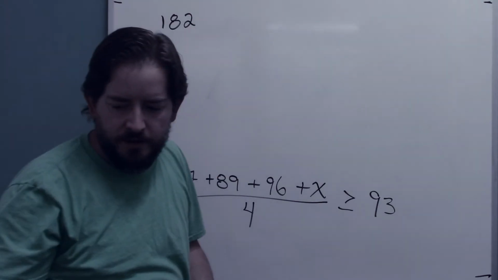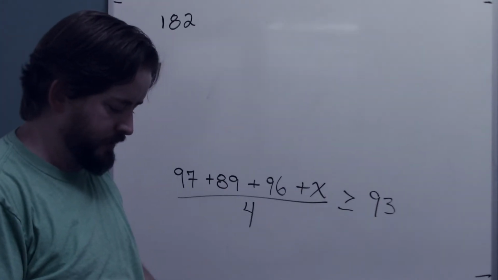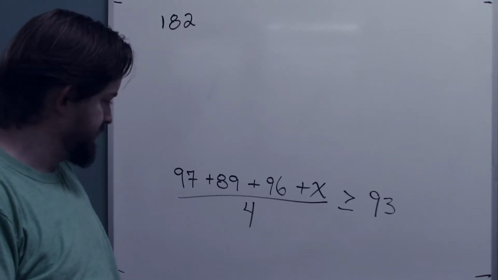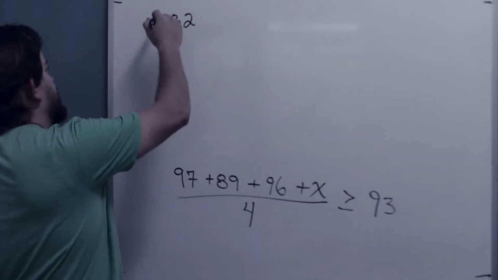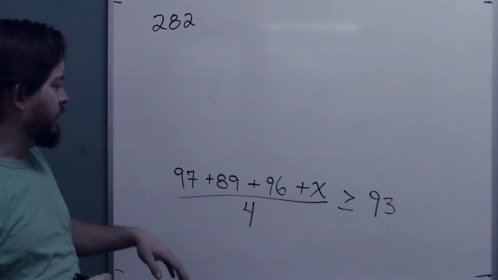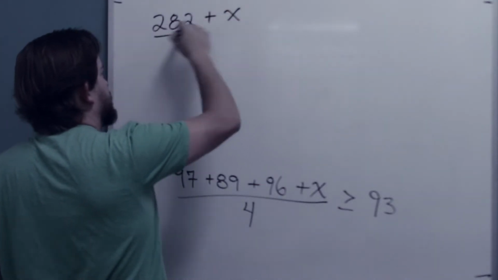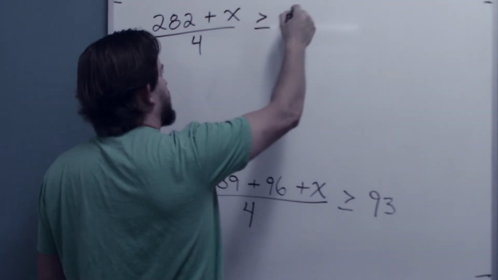Maybe I should check my math. It'd be embarrassing if I'm up here doing a final review and can't add. 97 plus 89 plus 96. 282, glad I checked. Okay. Plus that x still, all divided by 4, still greater than or equal to 93.